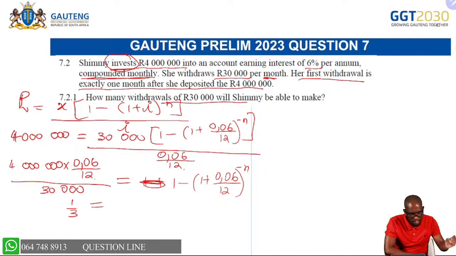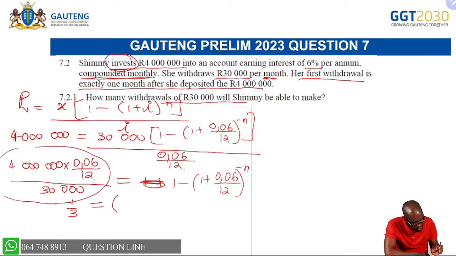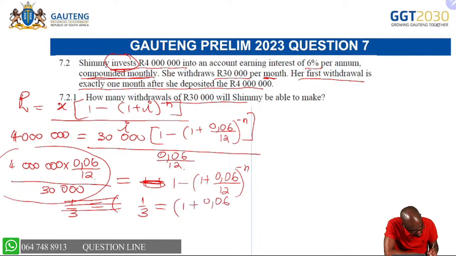1 over 3 is equal to, we transposed the 1 and simplified this expression. So a third is equal to (1 plus 0.06 over 12) raised to negative n.